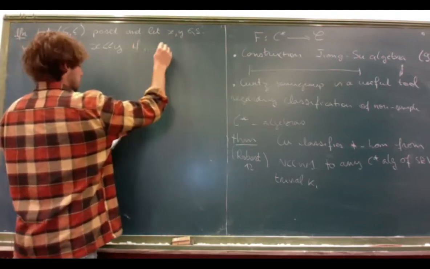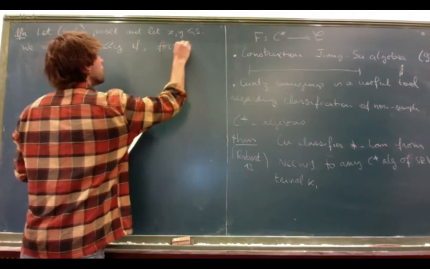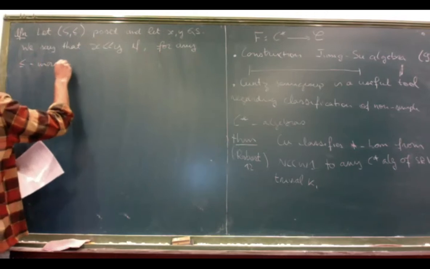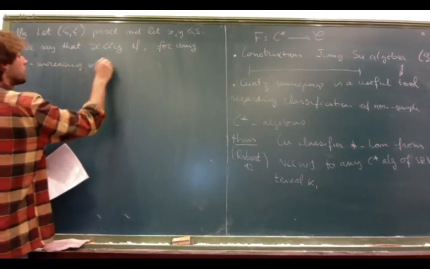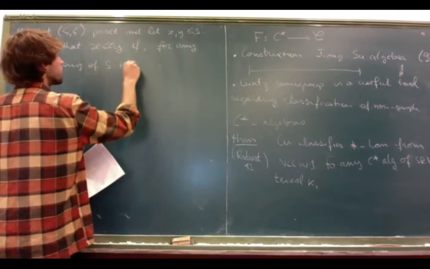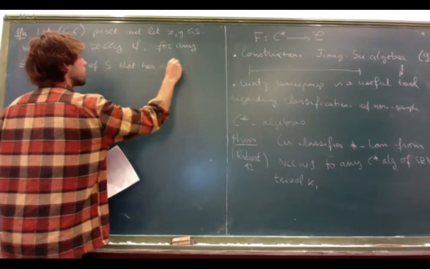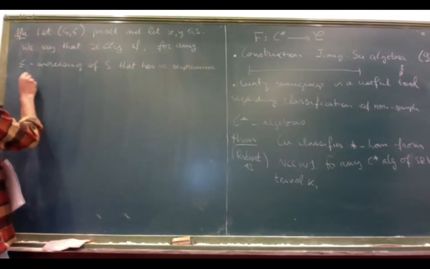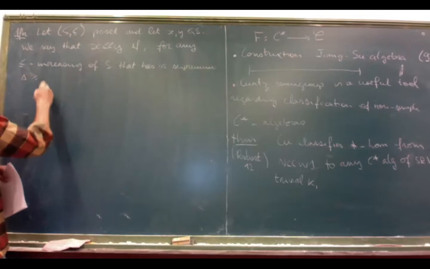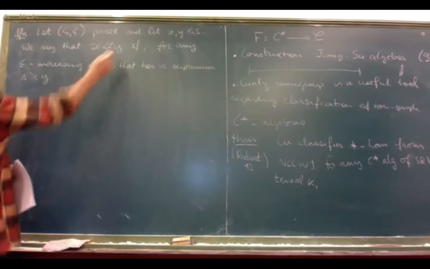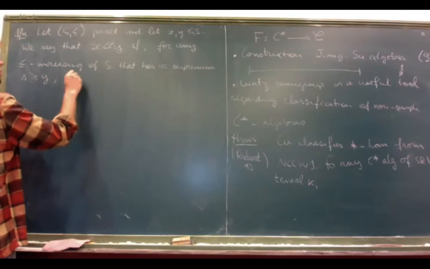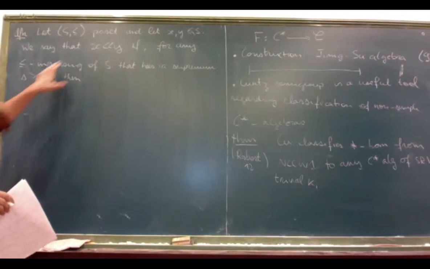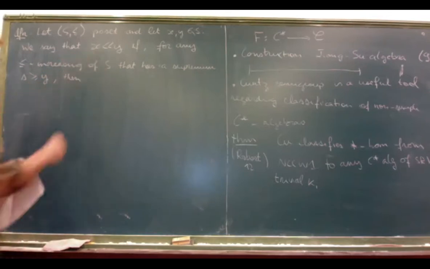if for any increasing sequence of my poset that has a supremum, and this supremum is bigger than the biggest element, then there is a finite stage of the sequence which gets bigger than the smallest one.